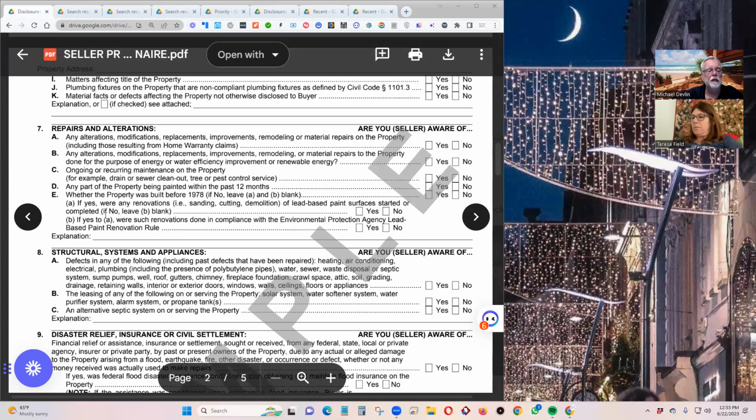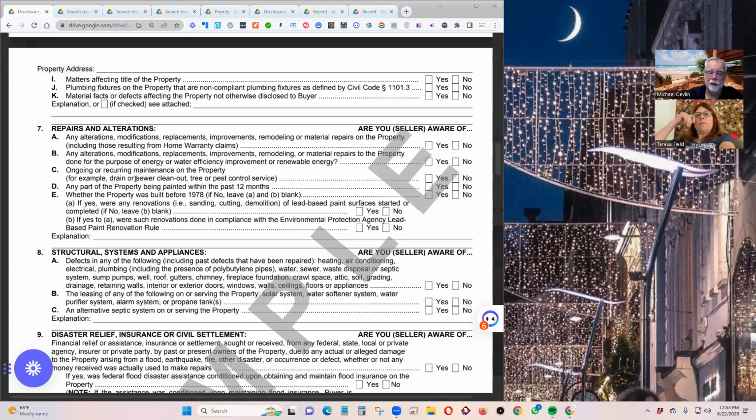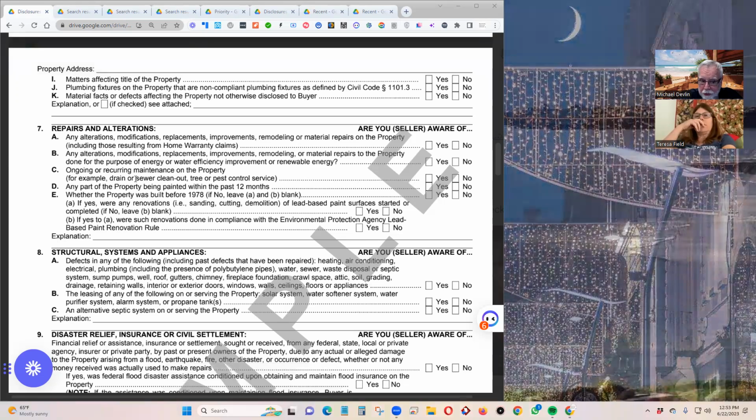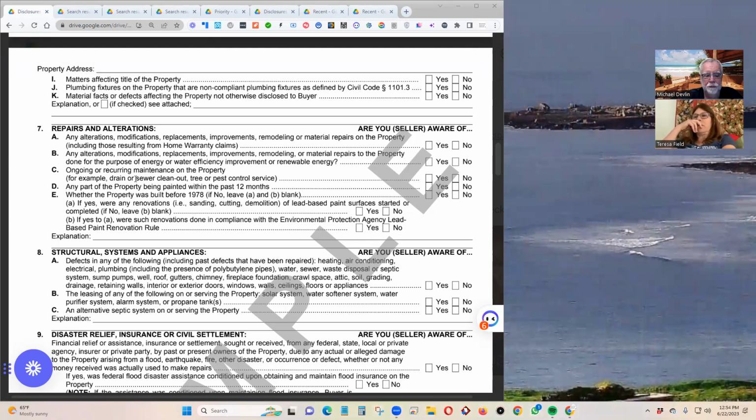Ongoing or recurring maintenance, drain or sewer clean out. Our clients buy a property, there's trees in the front, the sewer line starts to have problems because the roots are clogging it up, and the buyer calls a local Roto-Rooter type company, and they said, what's the address?